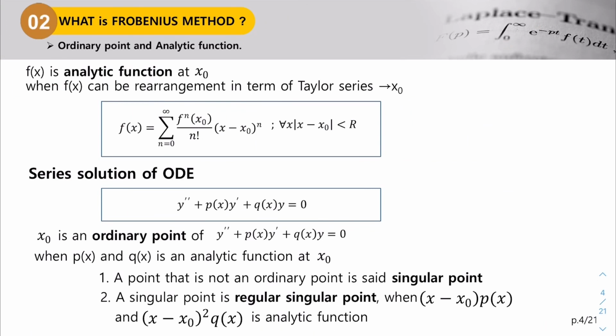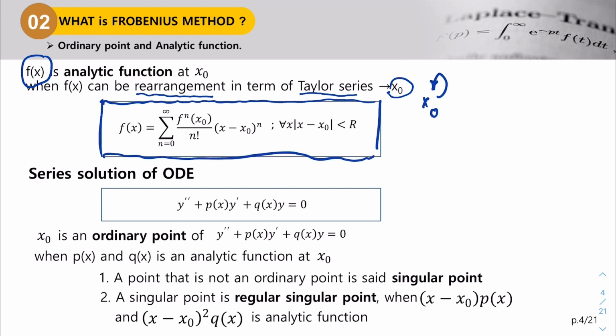What is Frobenius method? The function f(x) is an analytic function at x0 when the function can be rearranged in terms of a Taylor series about x0, in the general term of a Taylor series.